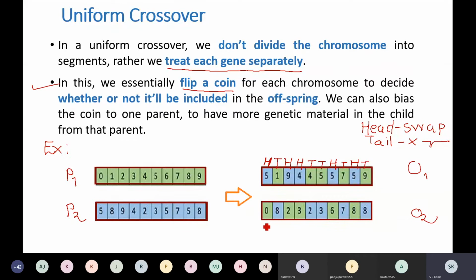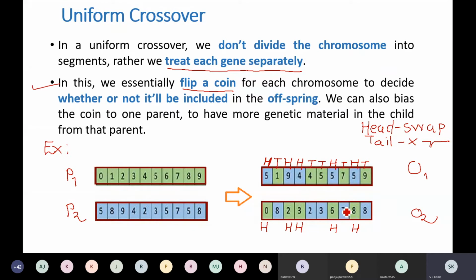So the result might have been head, then tail, tail, then head, next head. Green color box indicates head and blue color box indicates tail. So this is how you are going to generate offsprings by using the uniform crossover technique.